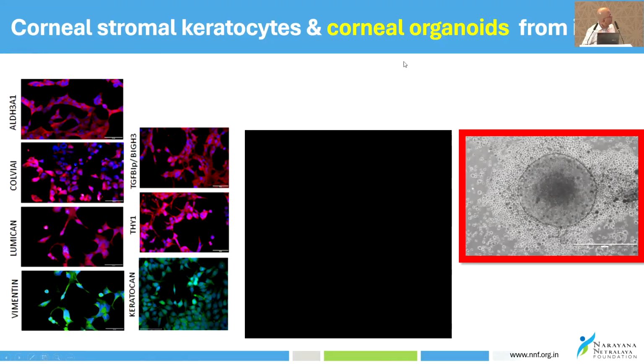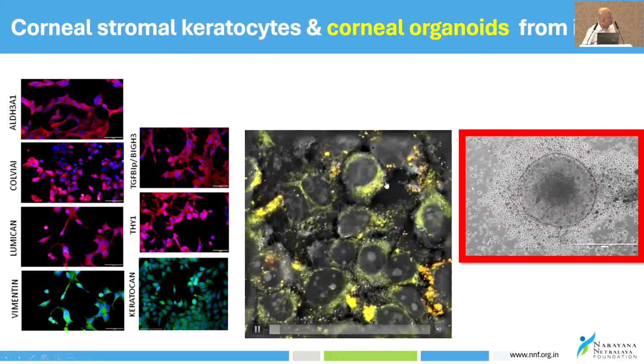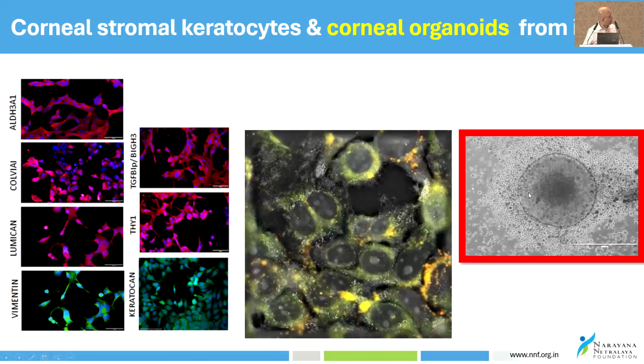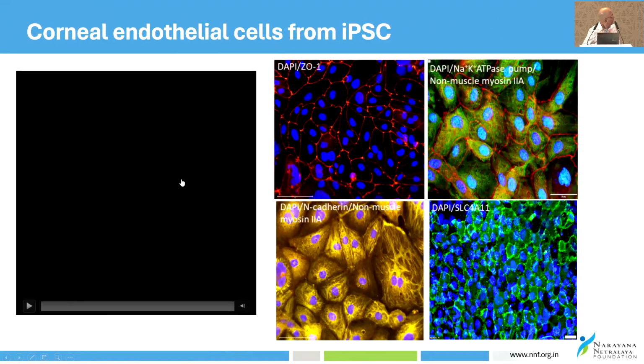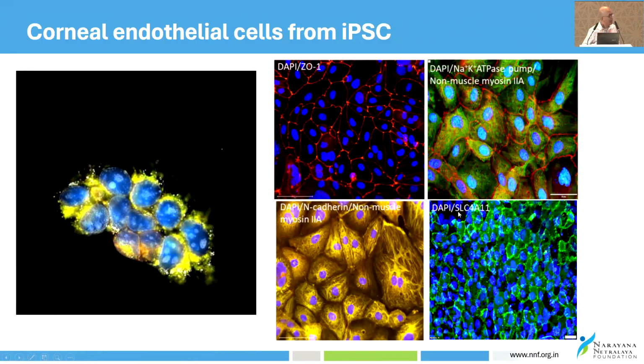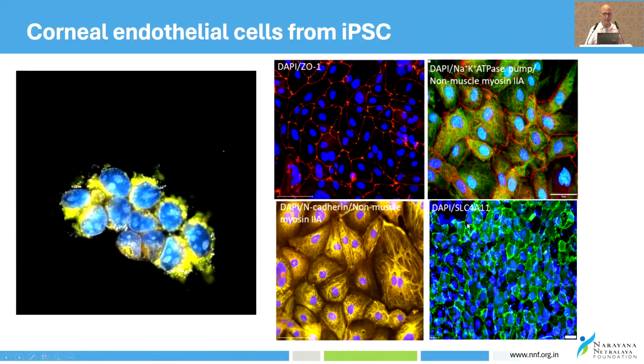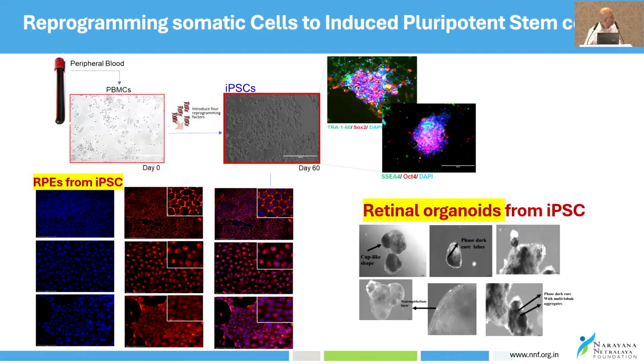So what you can see here is, from blood, he and his team have made keratocytes and corneal organoids, and he has made corneal endothelial cells, which are ready for transplanting for some of the dystrophies. The interesting thing is that organoids are creating virtual cells. You can create an organoid from melanoma or retinoblastoma.